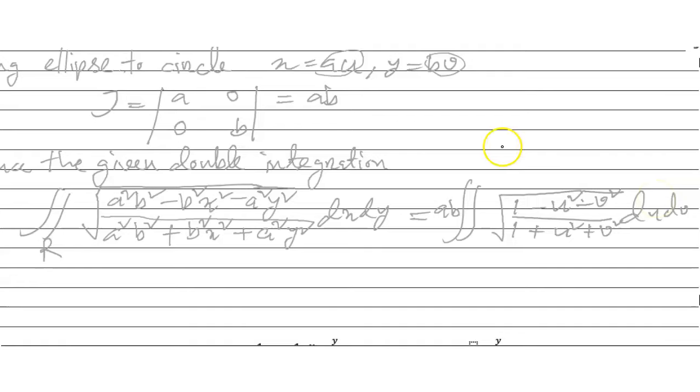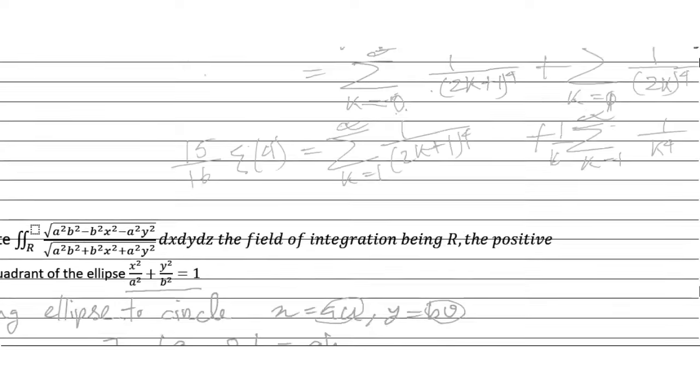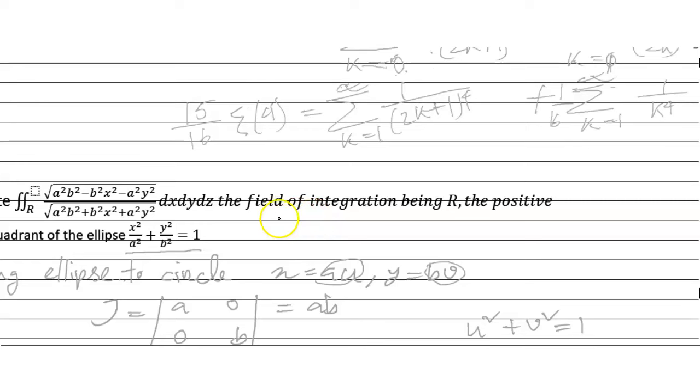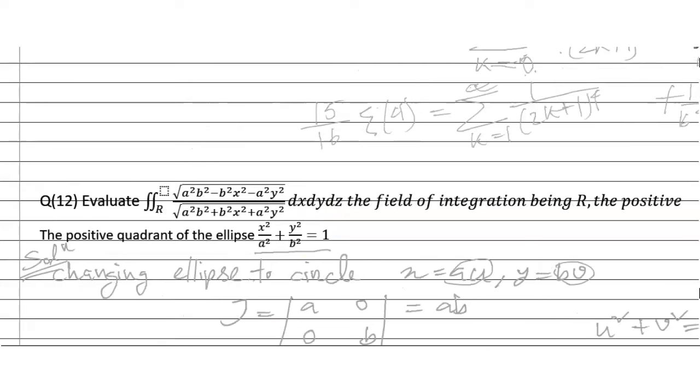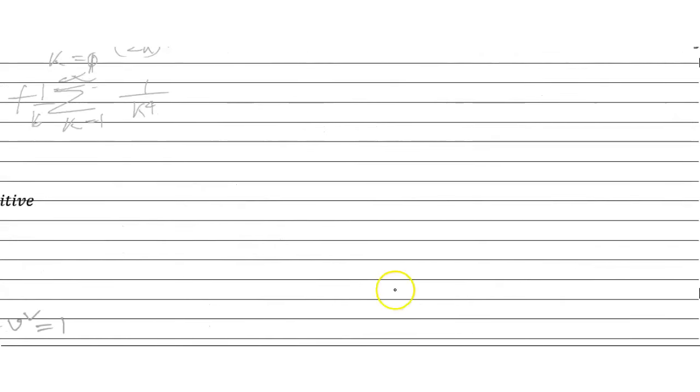So my equation is u square plus v square equal to 1. I am changing the coordinates. My problem is in the positive quadrant, friends. You will see that the integration is over the positive quadrant of the ellipse. So let's draw it to show the positive quadrant.